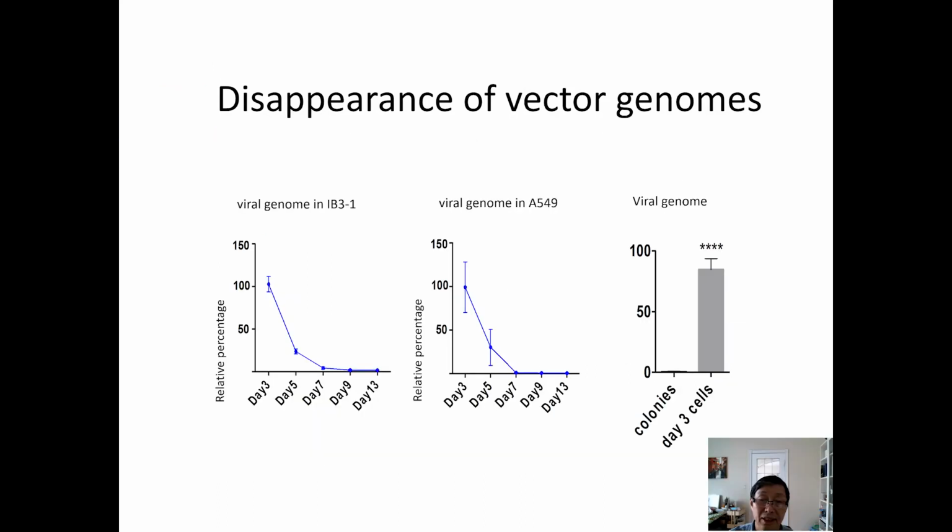Consistent with the disappearance of Cas9 expression, we found that the vector genome in transduced cells diminished very quickly as well. We have confirmed this in two different cell lines. As you can see, in single cell colonies, we don't have any vector genome anymore. And this is the control.